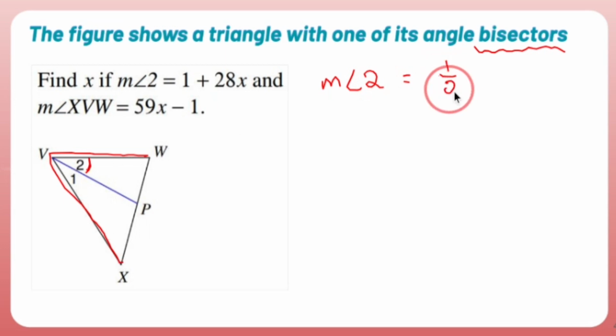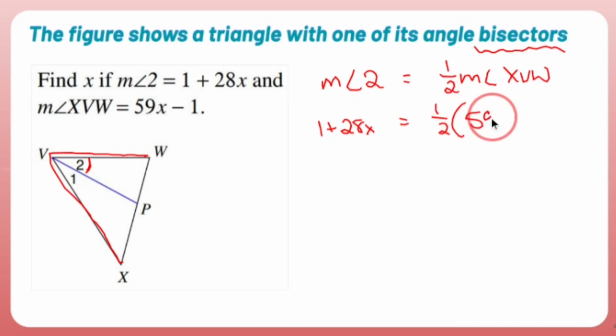So it's half of the measure of angle XVW. So what's the measure of angle 2? 1 plus 28x. That's going to equal 1 half of the measure of angle XVW, which is 59x minus 1.